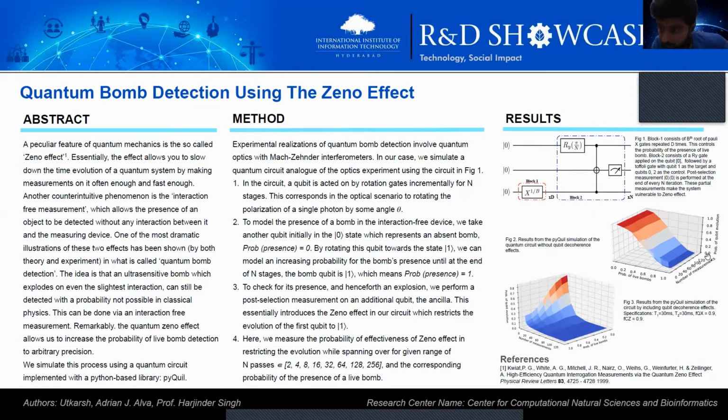When the probability of qubit evolution is close to 1, the probability of live bombs is basically 0, so all of the bombs are dead. As we increase the number of measurements and the probability of live bombs, the result slowly goes to 0. But this is what we call the decoherence-free simulation.